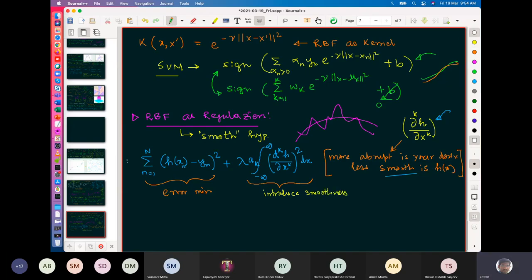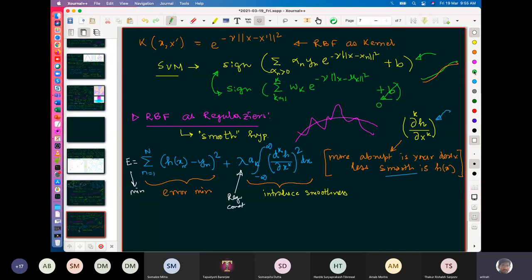Now, if you calculate this as your error function and try to minimize the overall thing, it also minimizes the abruptness in your hypothesis as well as your error together. Then, depending on your regularization constant, you will get a smoother hypothesis directly from RBF.